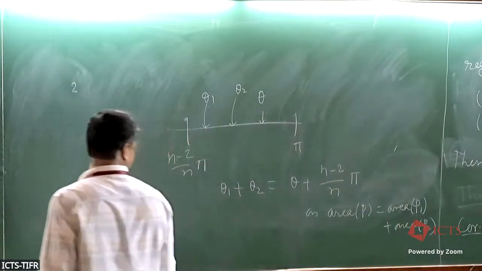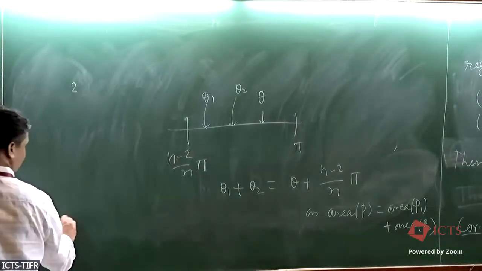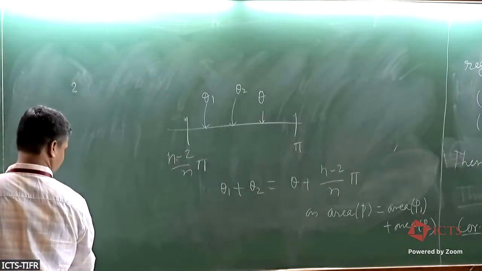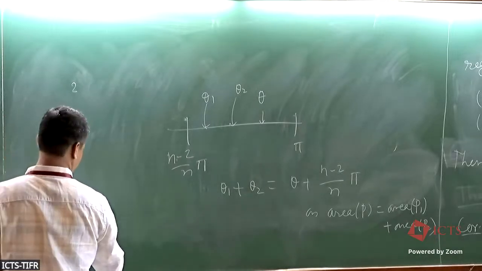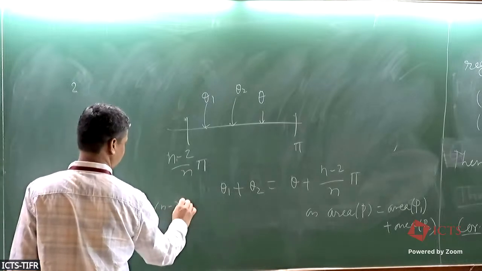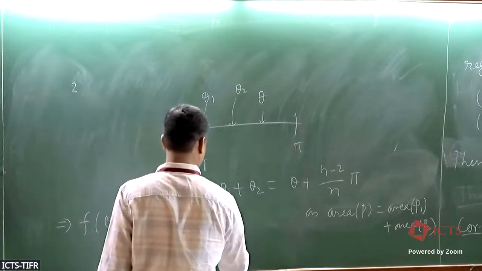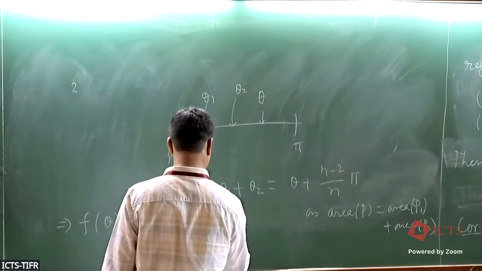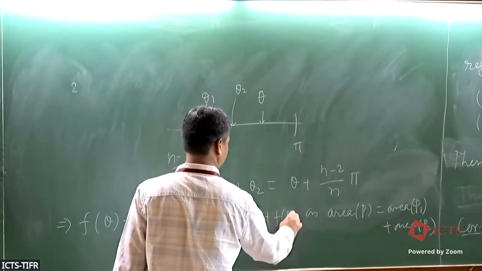And since f is strictly concave, it implies that f of theta plus f of n minus 2 times pi over n is less than or equal to f of theta 1 plus f of theta 2.